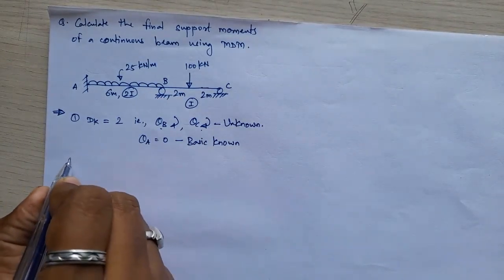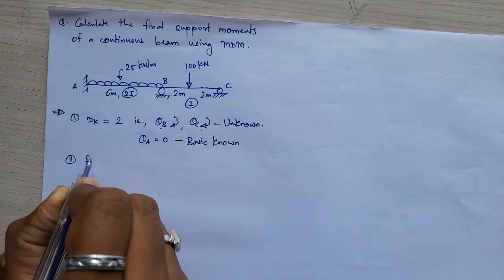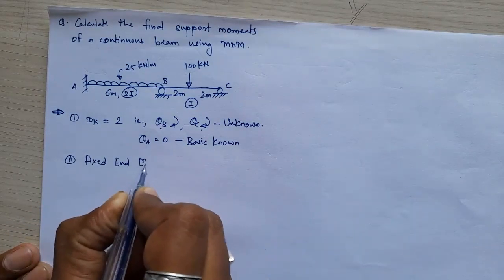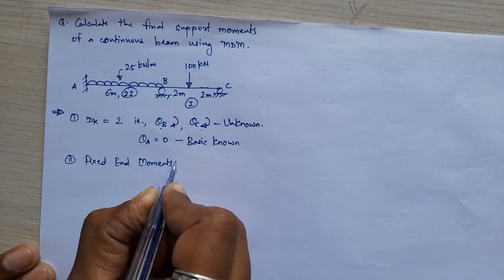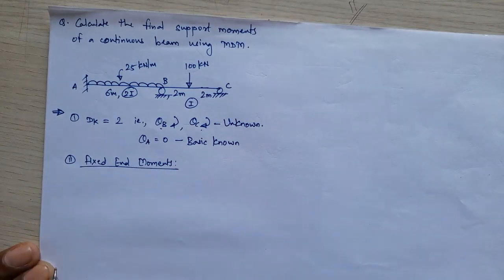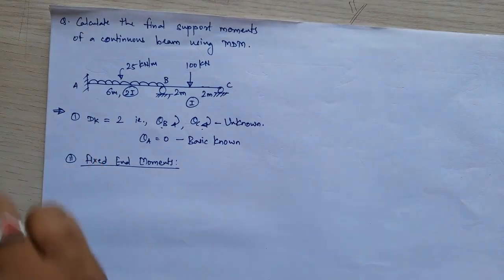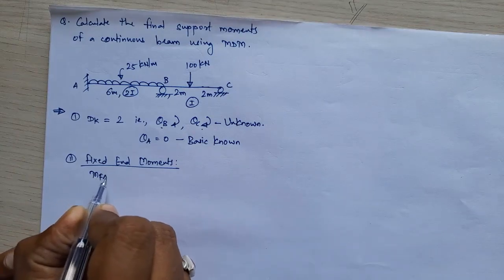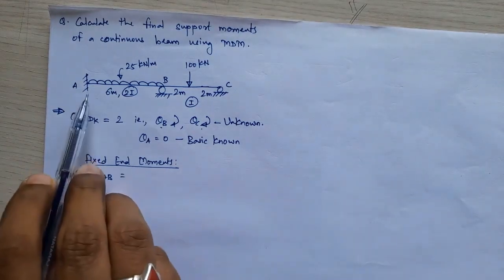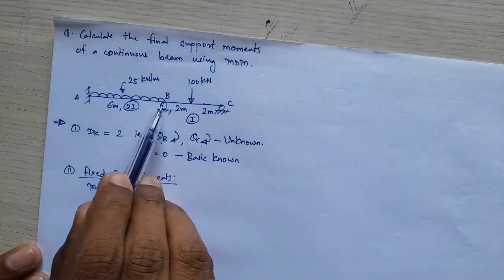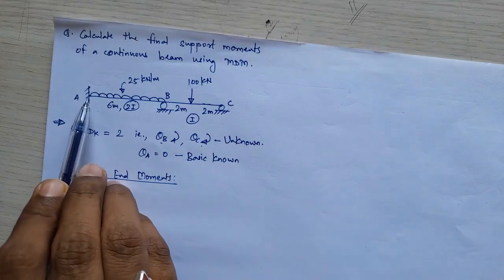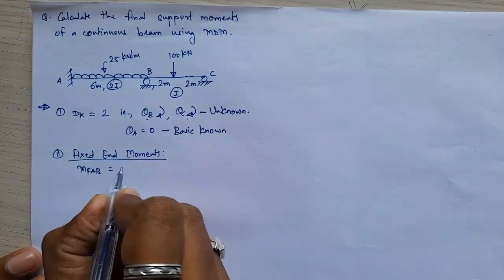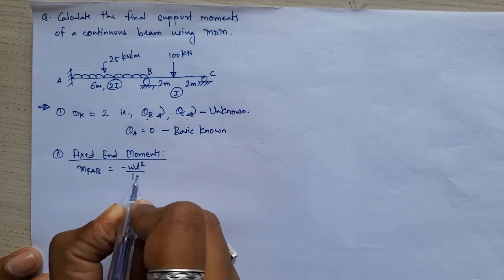Now the second step remains the same as in the slope deflection method, that is you have to calculate the fixed end moments. As per the fixed end moment table, the first fixed end moment will be MFAB, considering both of these supports as fixed. A UDL is given on this member. For a UDL, the fixed end moment is equal to minus WL squared divided by 12.